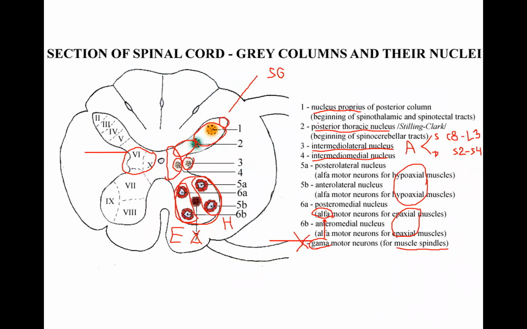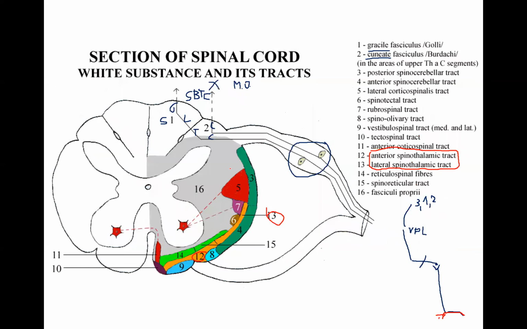I'll come here, it's synapsed here in the proper nucleus. So we can write it here maybe, proper nucleus. And then it's crossed and ascends to the VPL and to 3-1-2.